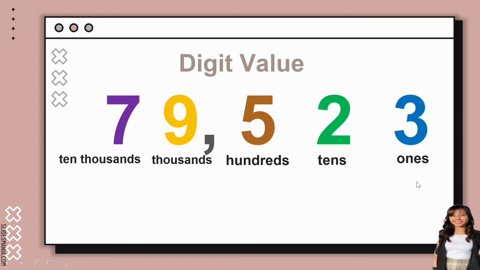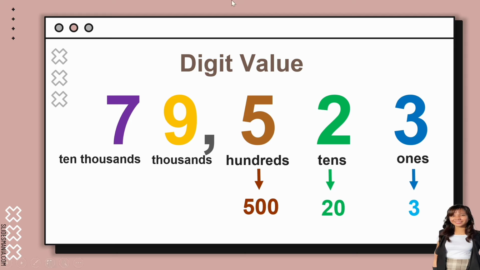So 3, the digit value is 3. 2 is in the tens place, so the digit value is 20. The number 5 is in the hundreds place, so the digit value is 500.